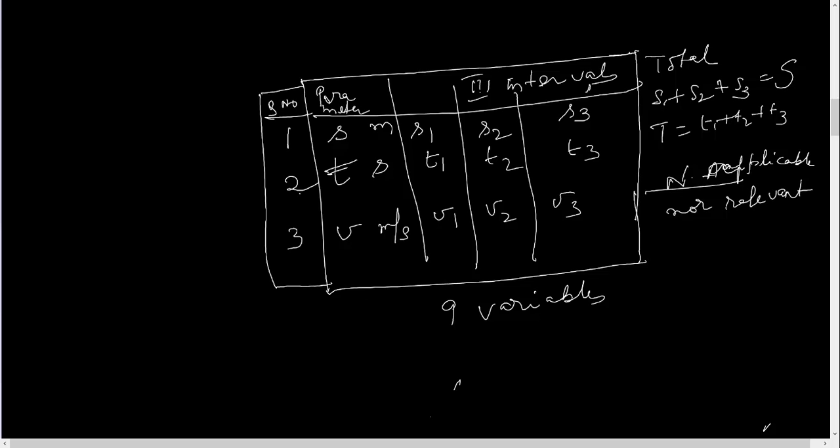So they cannot be considered as 3 independent variables, because any 2 being given, the other one is automatically a function of the other 2. So of the 9 variables, the problem has to give 6 independent variables. Very important, 6 independent variables.